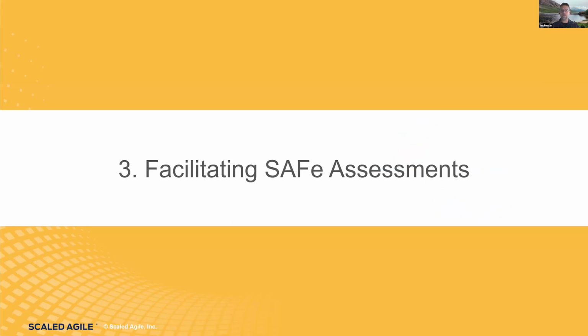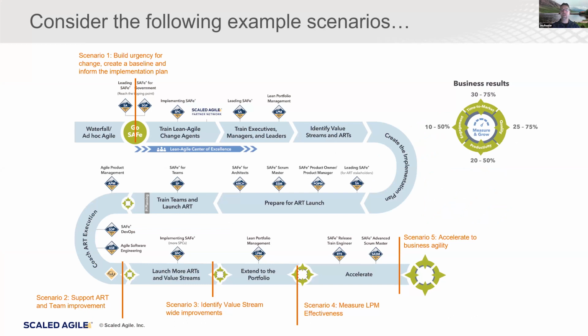So how do we go about doing these assessments, and when would we want to do the various assessments? There are several scenarios that we recommend you take a look at for when you would execute the various assessments and which ones you would want to target and run.